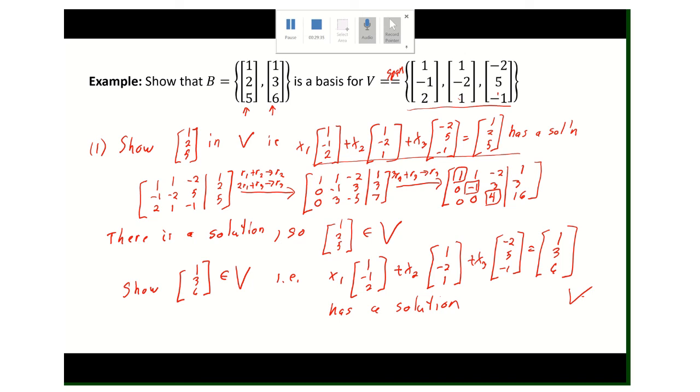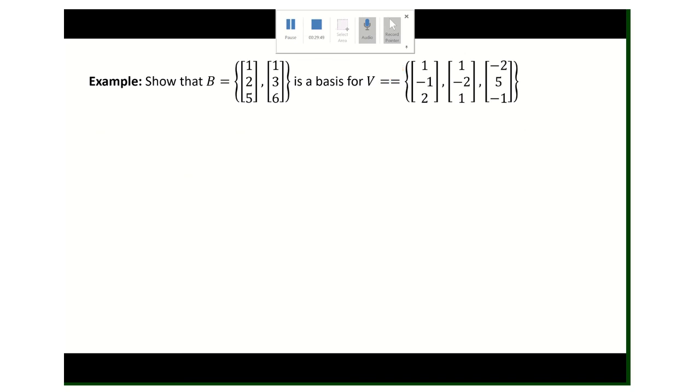In this case, it is going to be easier to show that they're linearly independent. So, 2 vectors, show that they're linearly independent. How do we do this? Well, in this case, you might be able to see it just by observation, but really what we do is we take (1, 2, 5) and (1, 3, 6), and row reduce. So 2 row 1 minus row 2 is my new row 2.